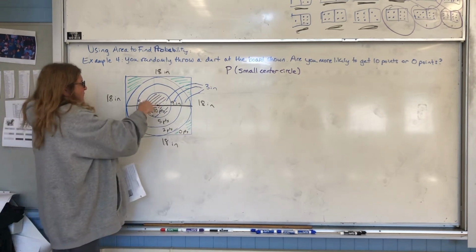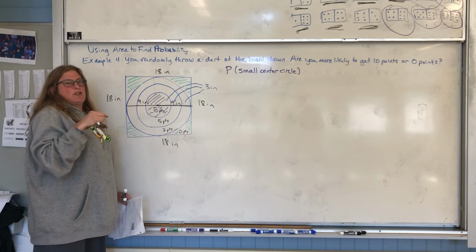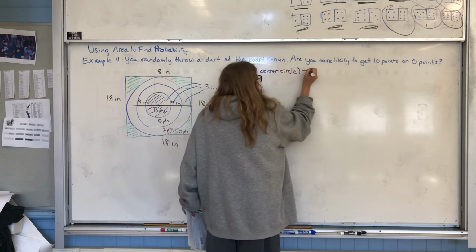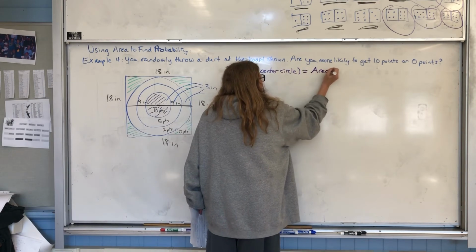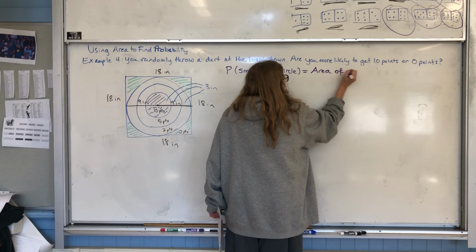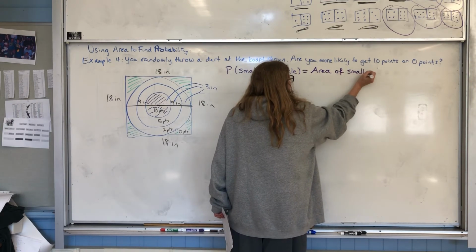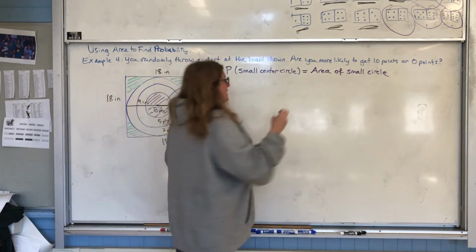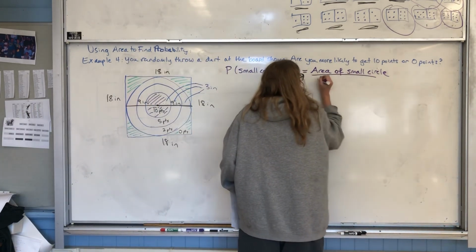If we're looking at the space inside the circle, we're thinking of the area of the circle. So to find the probability of it landing in the small circle, we want the area of the small circle divided by the all. And in this case, the all is the square.